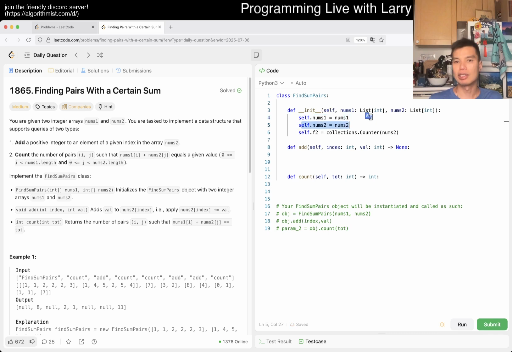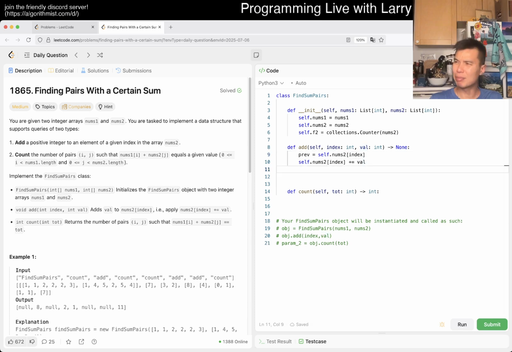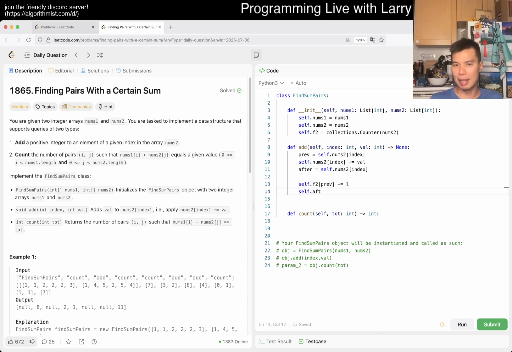So if we add a value to the index, then we have nums2 of index plus equal to val, which is fine, but then maybe you want the previous value and the after value. So after is self.nums2[index], and then self.f2 of previous subtract one, and f2 of after increment by 1.